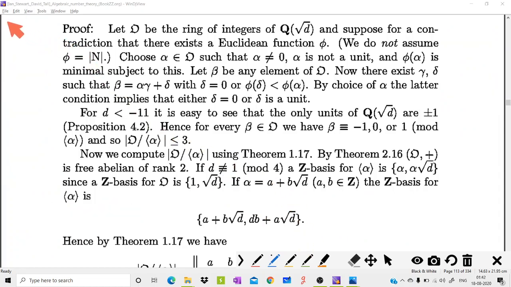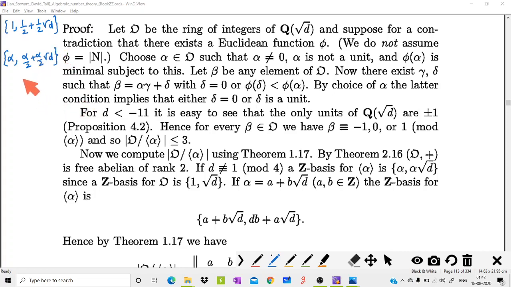For that we consider the basis 1, 1 by 2 plus 1 by 2 root d for O. Then using this you can write a basis for the ideal generated by alpha, that is alpha, alpha by 2 plus alpha by 2 root d.